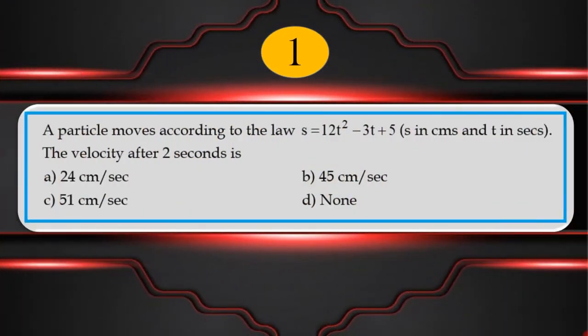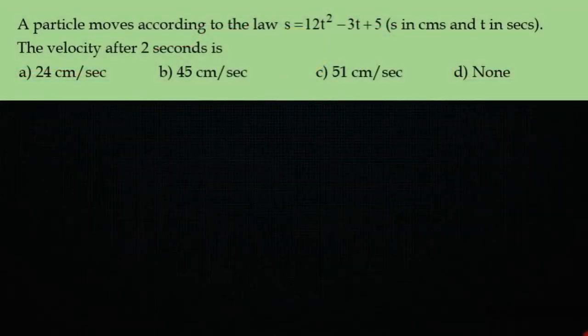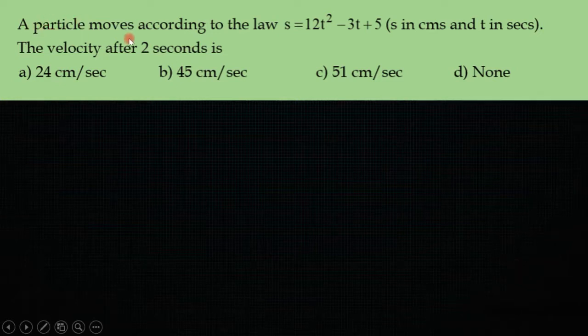Dear students, see the question number 1. Read the question and write it. The question is, a particle moves according to the law S = 12t² - 3t + 5.